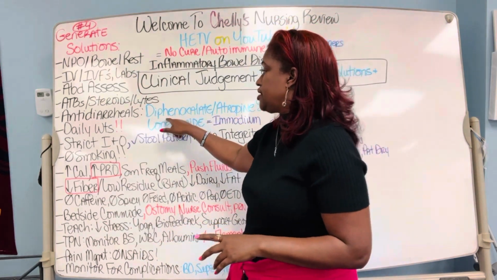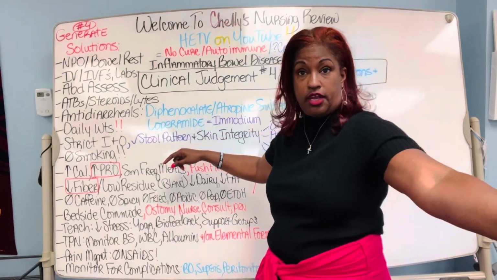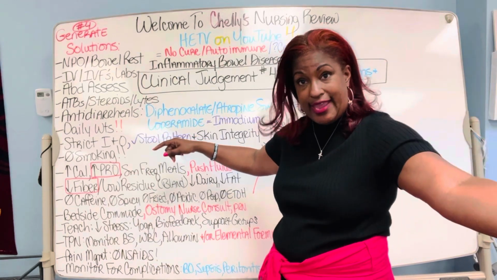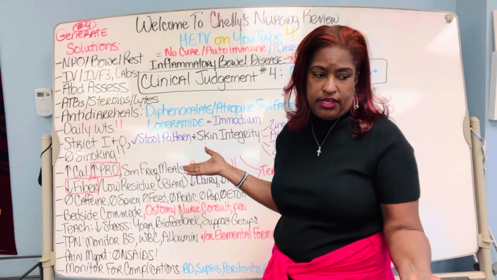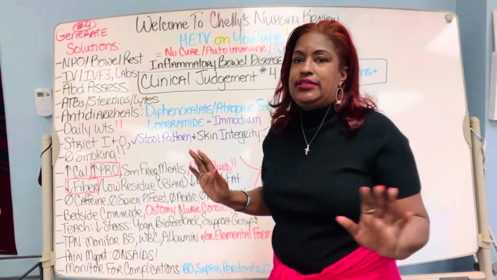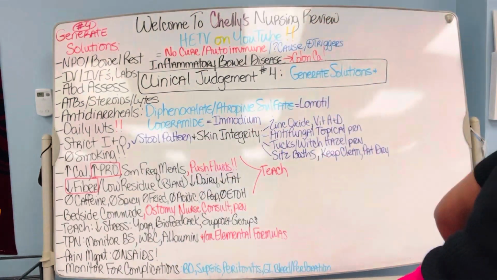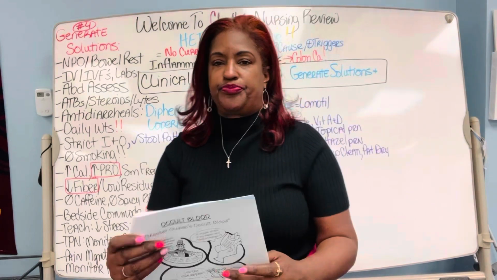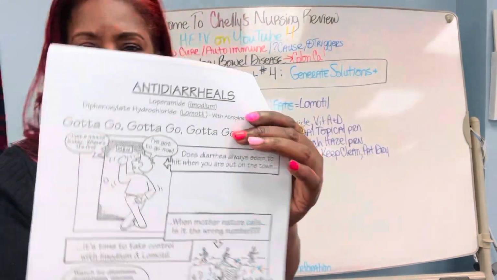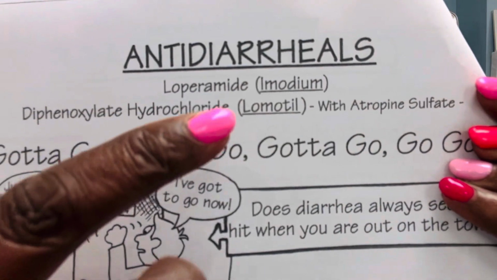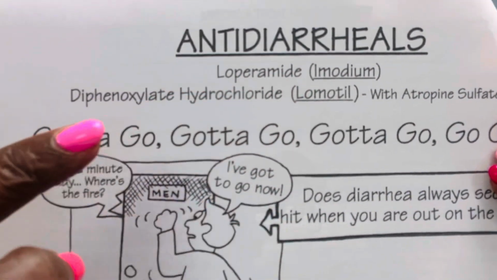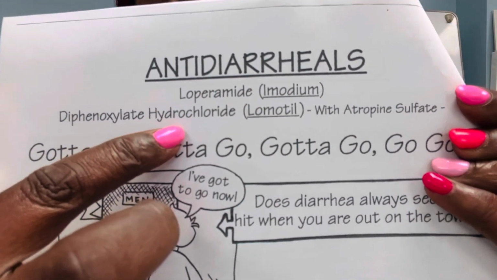Okay, so anyway, these are your anti-diarrheals, so it goes on the anti-diarrheal page, right? And these are probably there anyway, so it's perfect. Really read the page, okay? Let me do this with you right quick because some of y'all be acting crazy. Peep this. What do you see? You see loperamide and you see diphenoxylate.